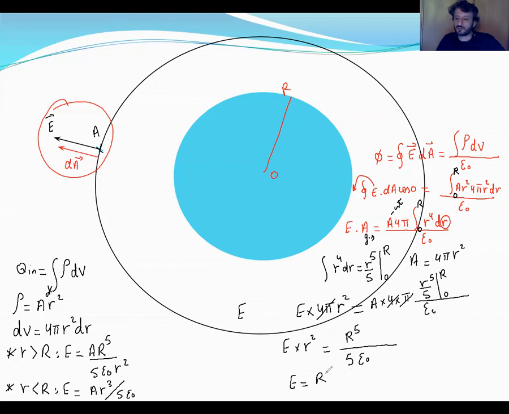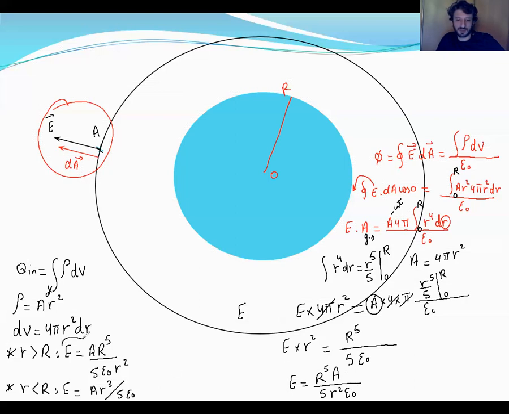E equals a times r^5 divided by 5 r squared epsilon 0.